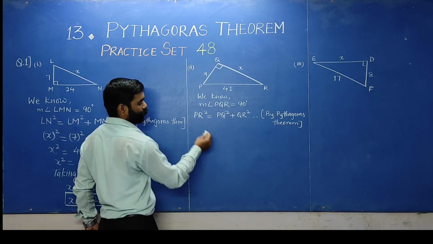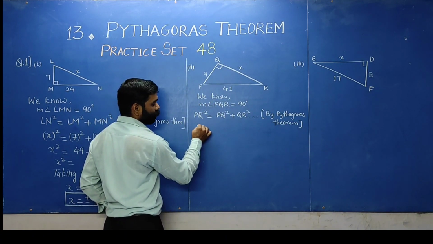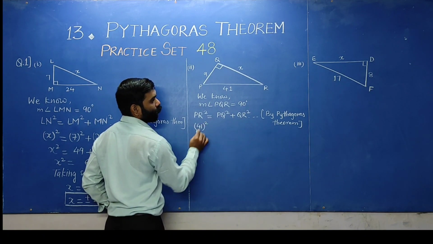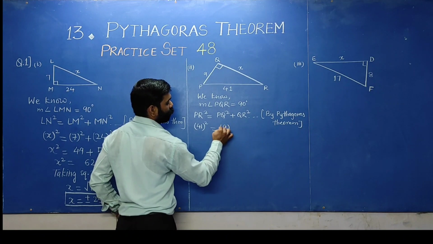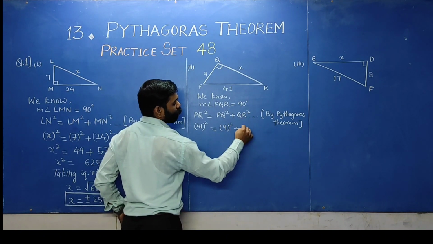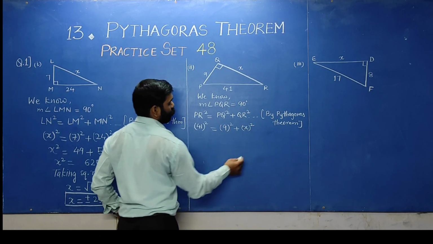By Pythagoras theorem, PR is given as 41, so 41 square is equal to PQ, given as 9 square, plus QR, given as x square.